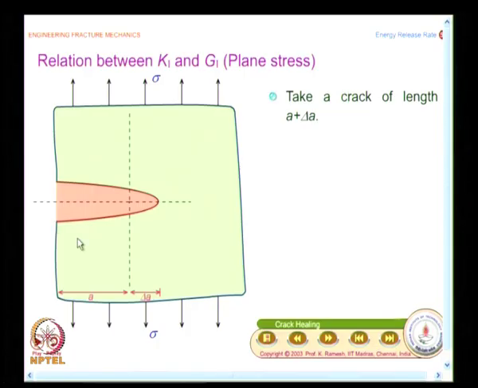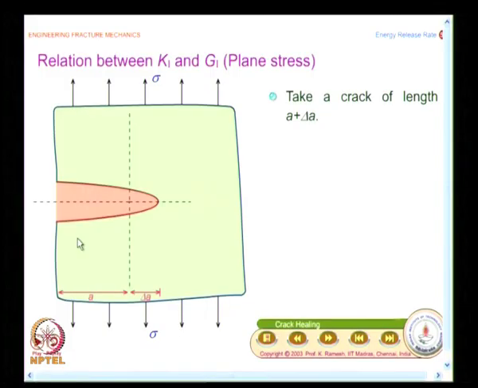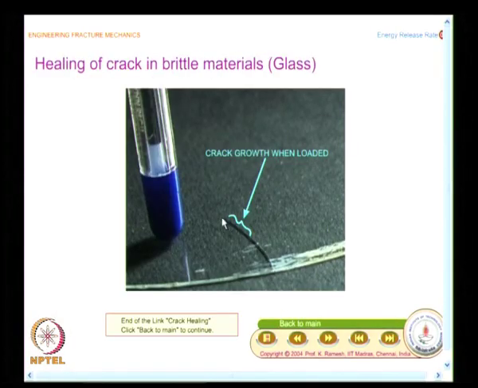We have already said that whatever energy is required to close the crack tip is the energy required for formation of two new surfaces. If I take a length as delta A and close it, whatever energy is required to close would be the energy required for the formation of two new surfaces, for which we have already looked at an experiment of glass breaking like this.